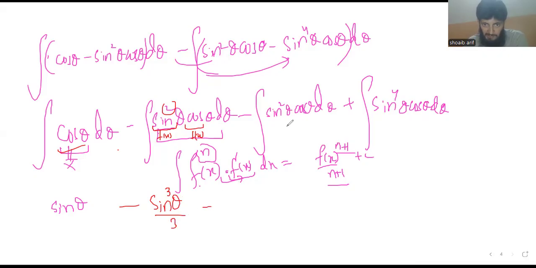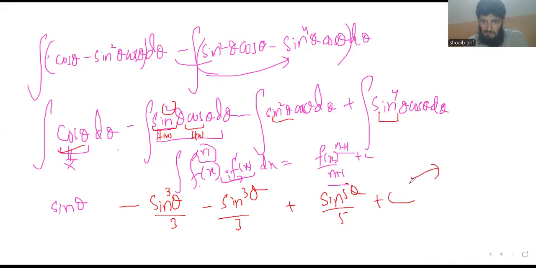Okay, minus, same here, we apply sine cube theta, add 1 to the power, and divide by the new power also. With the same technique here, sine 5 theta divided by 5 plus c. Okay, this is the integral of the given function.